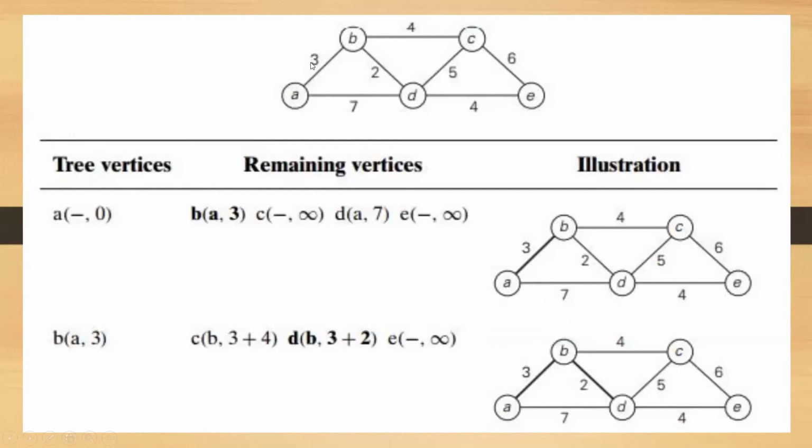Is that 3 lesser than the cost of B? The cost of B is currently infinity. You have calculated that the new cost is 3. Is 3 lesser than infinity? Yes, and hence you update B. Now B gets the value A comma 3.